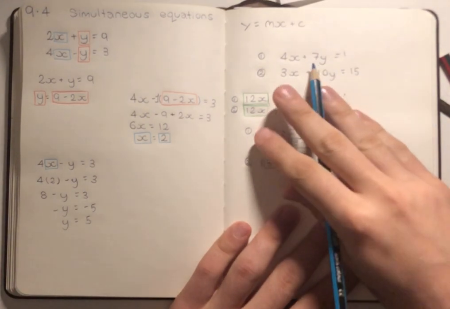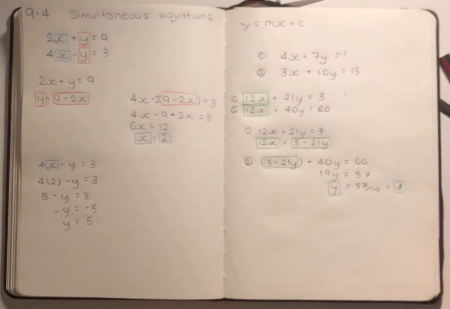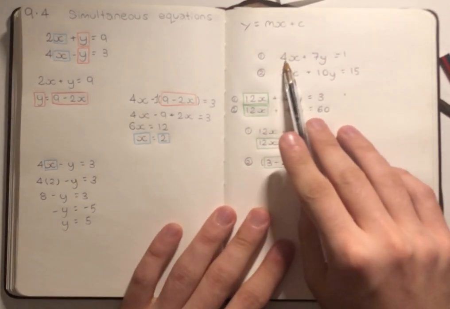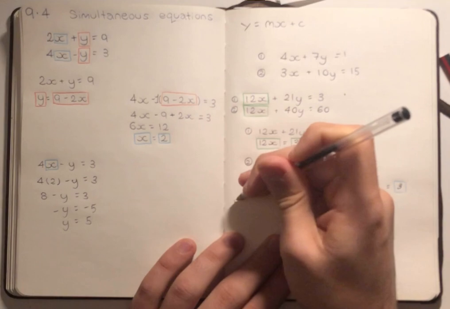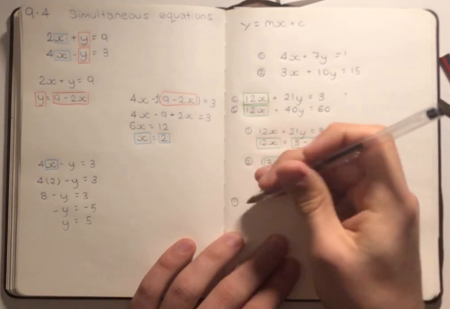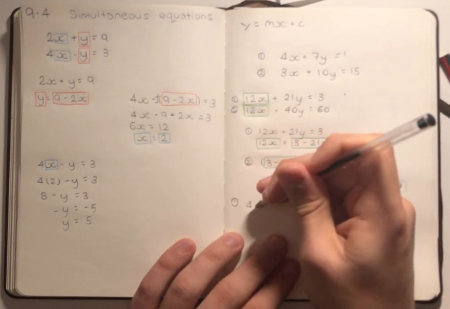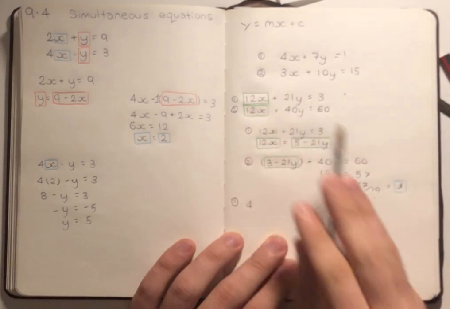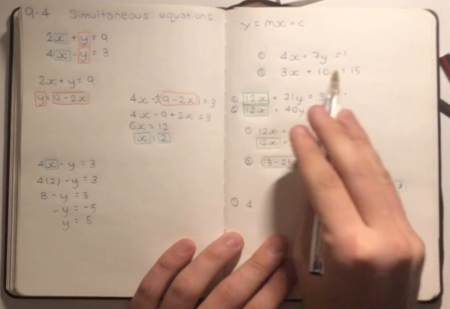We can now put this back in up here so that we can find x. So let's get equation 1, 4x. Actually, no, do you know what? Y is equal to 3. There are plenty of 3s here.